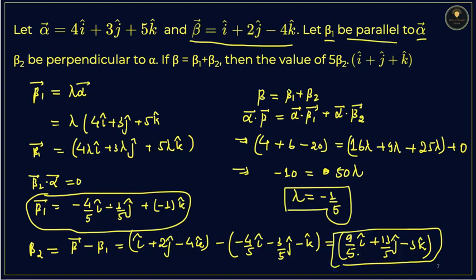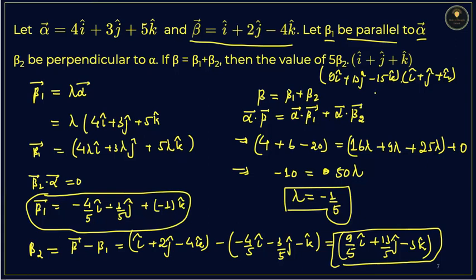And since we have to multiply by 5, you will get the value as 9 i cap plus 13 j cap minus 15 k cap, and then you have to take the dot product with i cap plus j cap plus k cap. Just do the dot product and you will get the answer of this question.